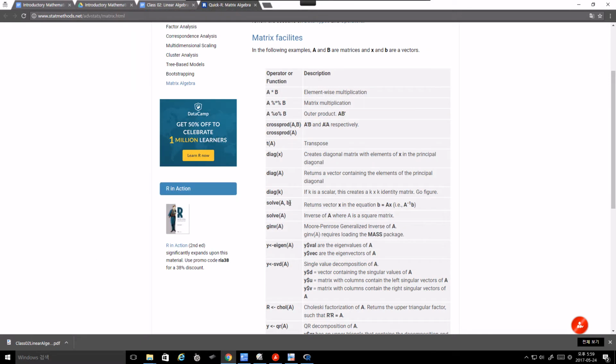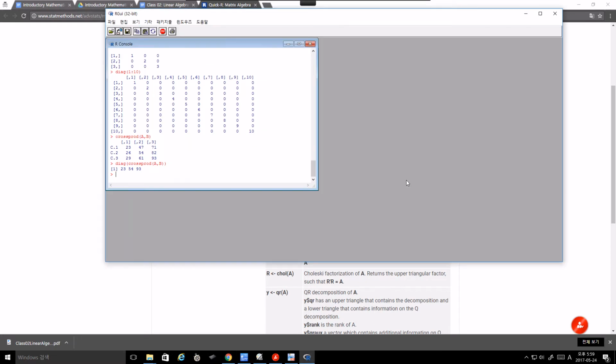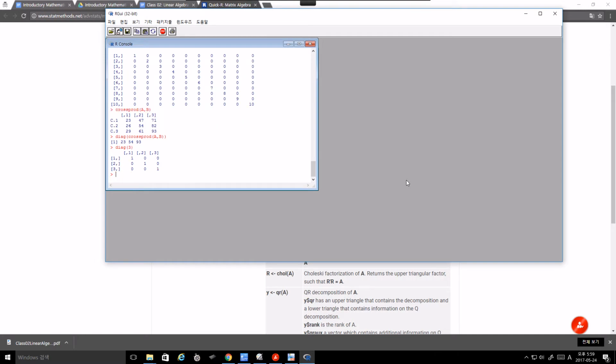Okay. Now solve(A, B). Okay, so diag(k): if k is a scalar, it creates a k by k identity matrix. So for example, diag(3) becomes a 3 by 3 identity matrix. Likewise, diag(2) is a 2 by 2 identity matrix.